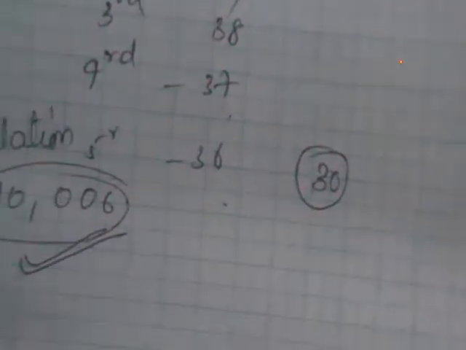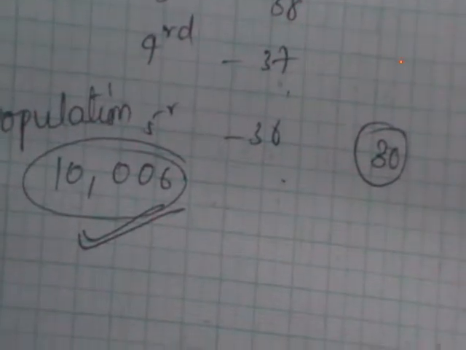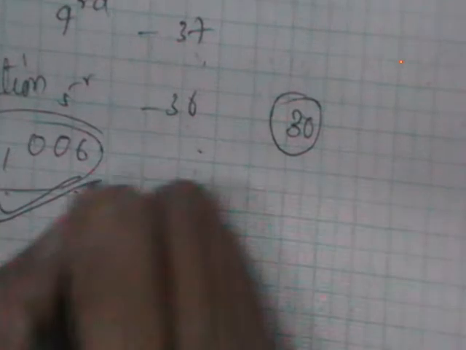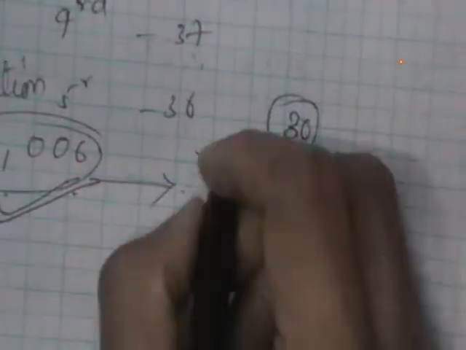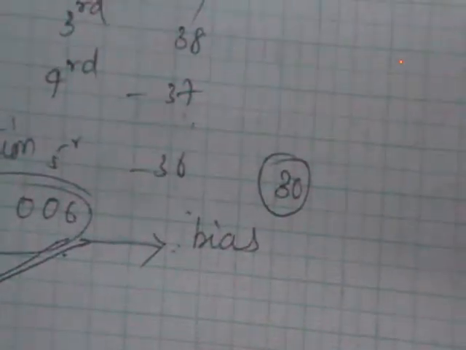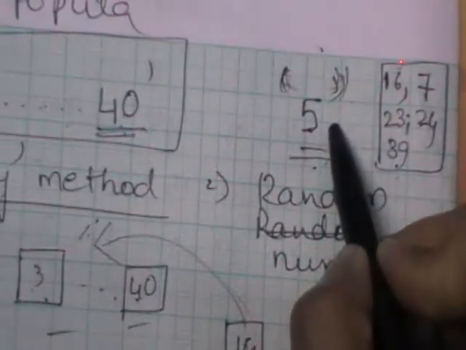There is a chance that as the population size increases, because of lack of patience you are going to get biased results. The lottery method is suitable whenever the population size and the corresponding sample size are small. Whenever they are relatively large, we cannot opt for this one.